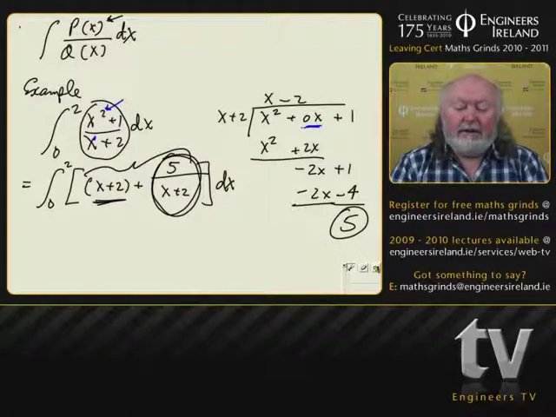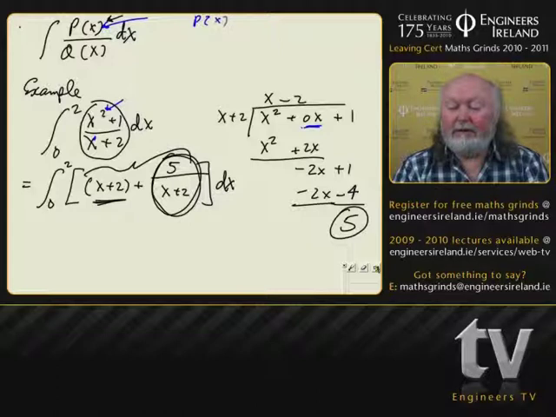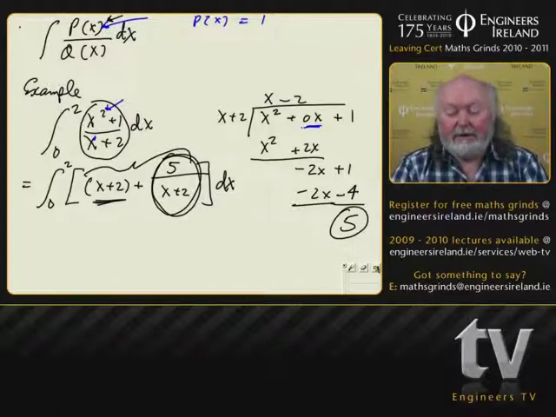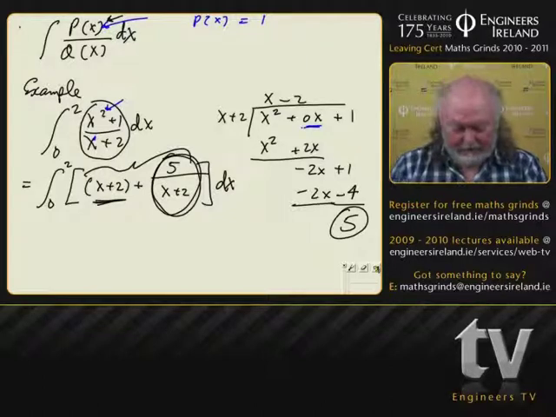We've already looked at the cases where the polynomial above the line is just 1. In other words, p of x equals 1. And all you do underneath the line, if it's a quadratic, you form squares because you want to turn it into one of the basic integral types.